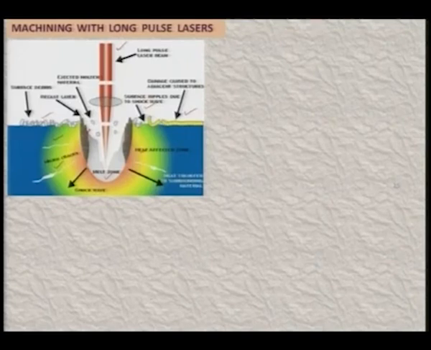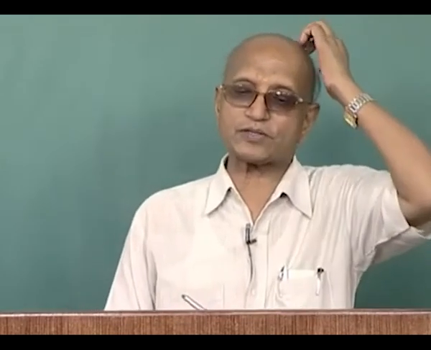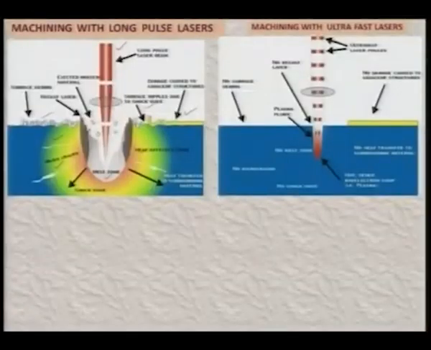Now, heat transfer to surrounding material also takes place, and because the temperature is very high, definitely you will have radiation losses also. So, you can see there are so many problems when you are using long pulses, which are shown here.